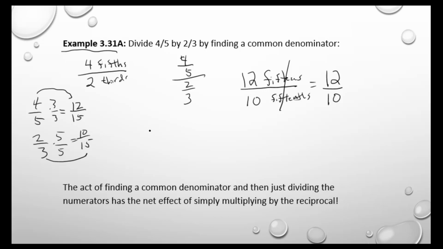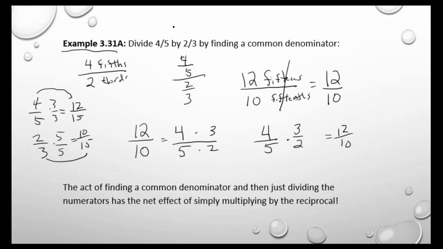And now let's see how I can get this 12/10. I'm going to break this into factors. I could do the top as 4 times 3, and the bottom number, break it into factors, as 5 times 2. So 4 over 5 times 3 over 2 is going to give us 12 over 10.